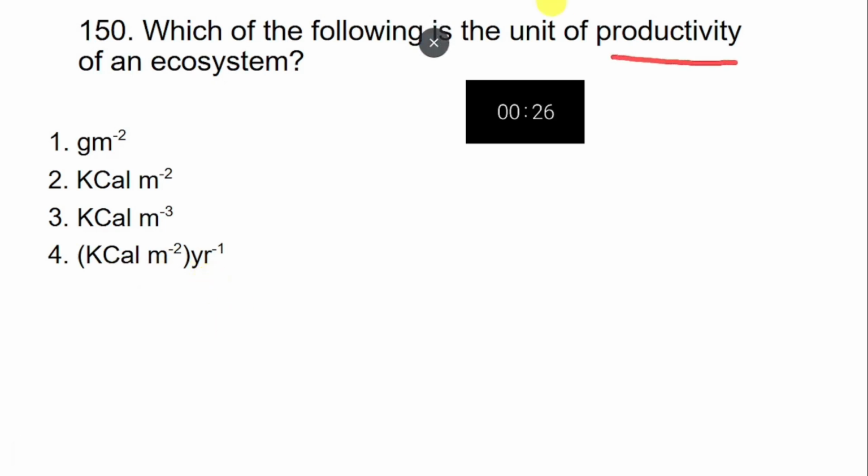So we are considering the rate. If it was only about production, primary production, then it would have been without year, only kcal per meter square, but you have to include the rate per year. This is the answer, option 4.